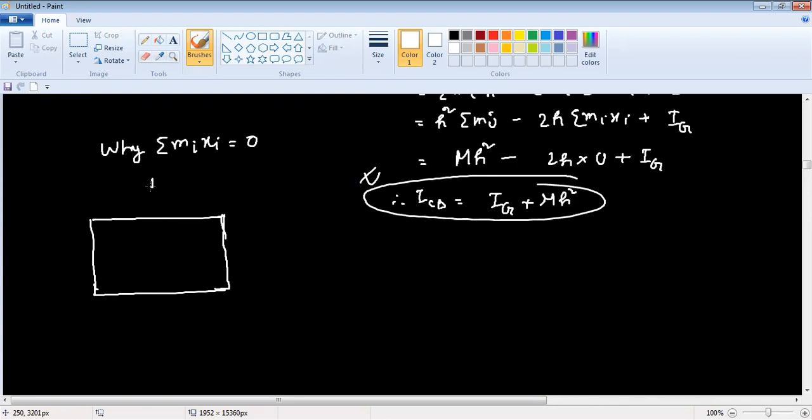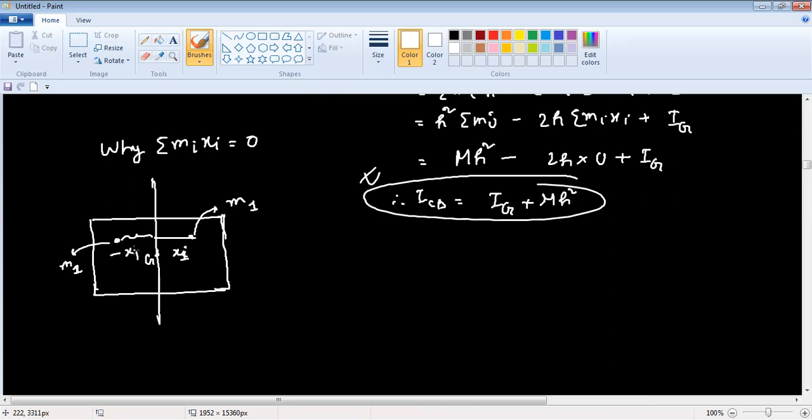Now let's see. Here, this is the axis that passes through the center of mass. So we can say the mass of this rectangle is distributed equally around this axis. Now let's take a particle of mass m1 at distance x1. As the mass is uniformly distributed, we can find another particle that also has mass m1 and distance minus x1.